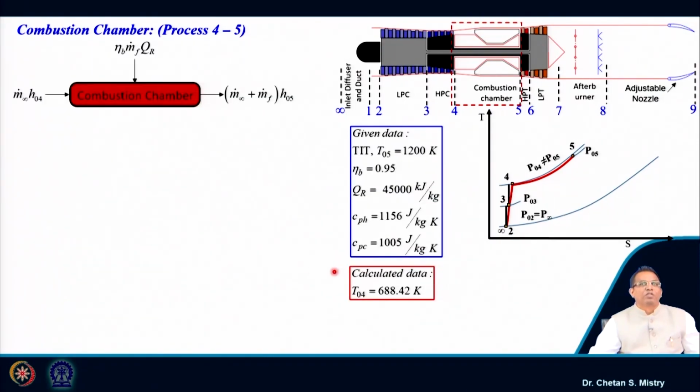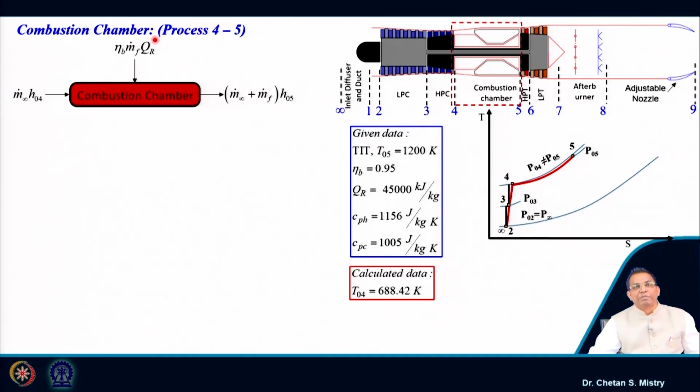Now, let us try to put this control volume in terms of energy balance formulation. So, here this is m infinity into H04, that is nothing but the enthalpy with which my flow will be entering inside the combustion chamber.